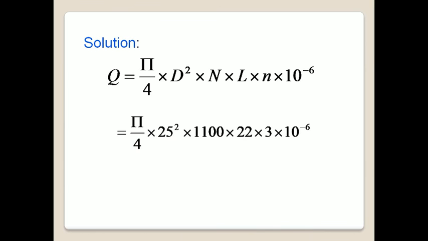So pi by 4, d is the diameter of the plunger 25 square, engine speed 1100, L is 22, small n is 3, the number of plungers, multiplied by 10 raised to minus 6. So the answer will be Q will be 35.6 liter per minute.